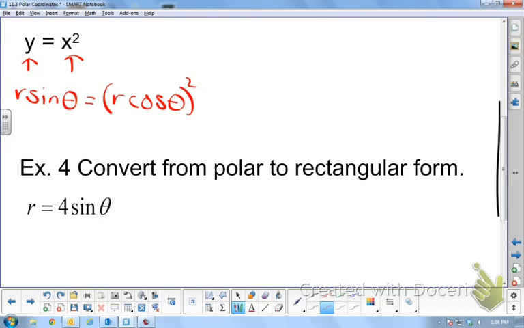So we have r equals 4 sine theta. Well, we know the formulas we're going to focus on are x squared plus y squared equals r squared. Actually, we also need to think about y equals r sine theta, and x equals r cosine theta.